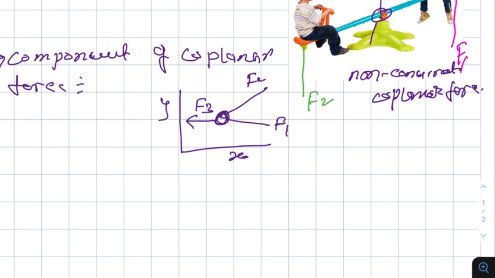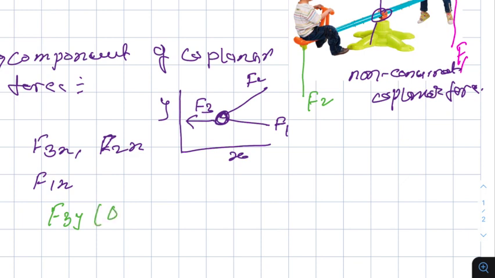So what is the x component of force? F3 x component, F2 x component, F1 x component, and similarly we have the respective y components. Force F3 has no y component.